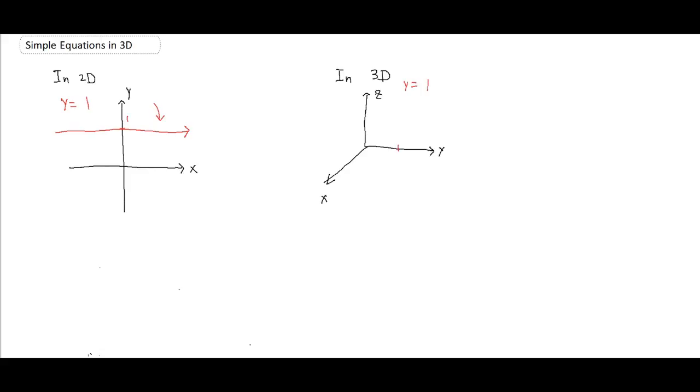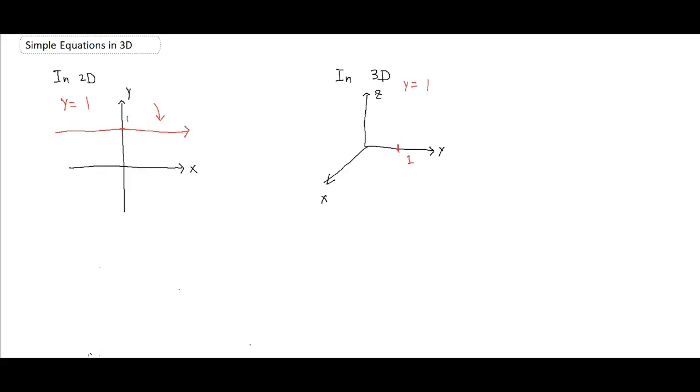So if I were to go where the y value is exactly 1, and if you think that this is going to just give us a line, then you would have to extend this point indefinitely in one direction. But if the equation is y equals 1, then that means that the x and z values can be anything.